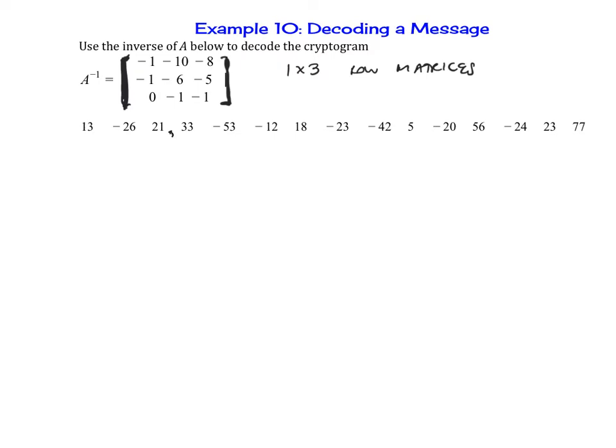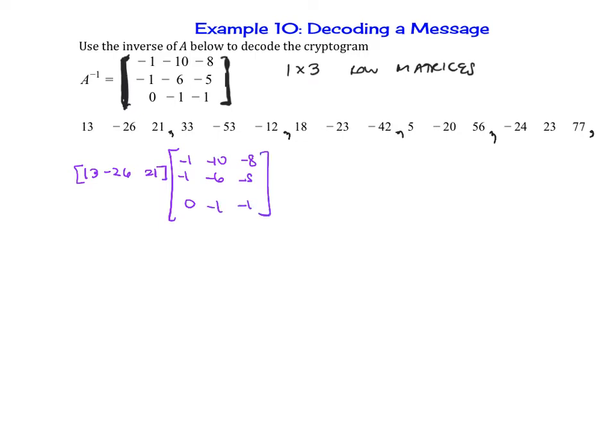We're going to split this up into groups of 3, and they should work out. Then you multiply this: 13, -26, and 21, by the inverse: -1, -10, -8, -1, -6, -5, 0, -1, and -1.